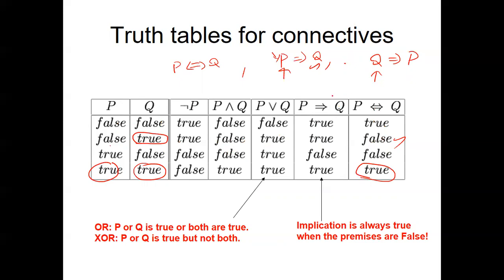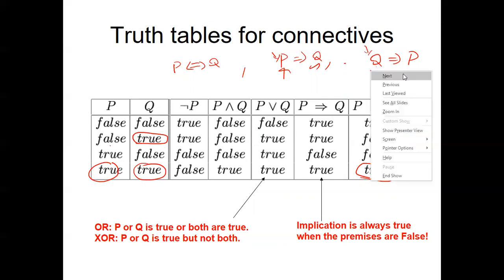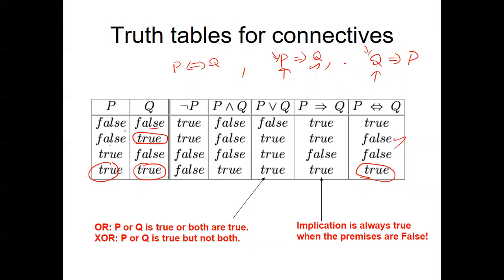Does it say anything about Q being false? It only says that if Q is true, P should be true. Does this rule say anything about Q being false? If Q is false, P can be anything.